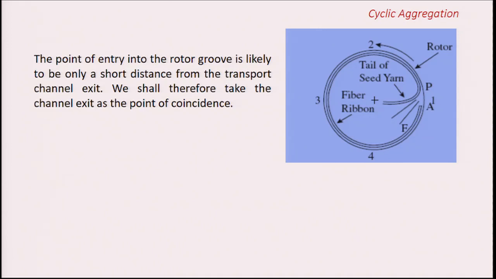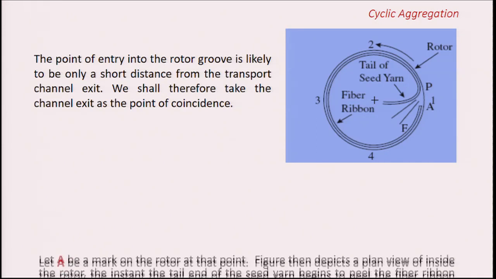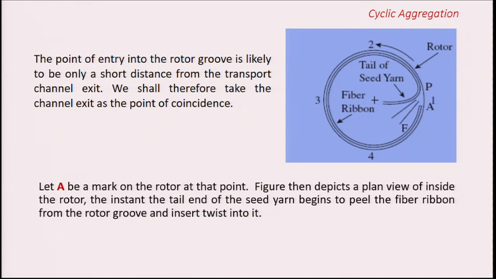As it starts rotating, the peel off point is going to move with slightly higher speed than the point A, and it is going to create a small gap between P and A. A is a fixed mark on the rotor, it does not move relative to the rotor, whereas P is going to be moving forward.